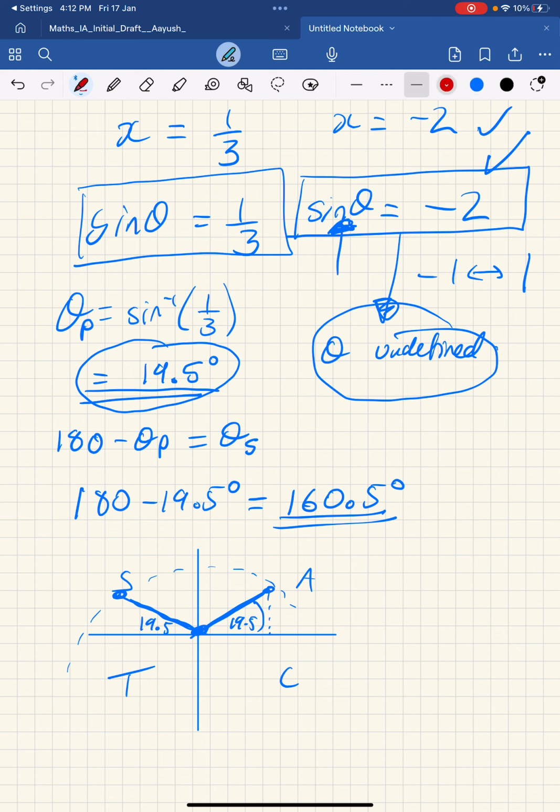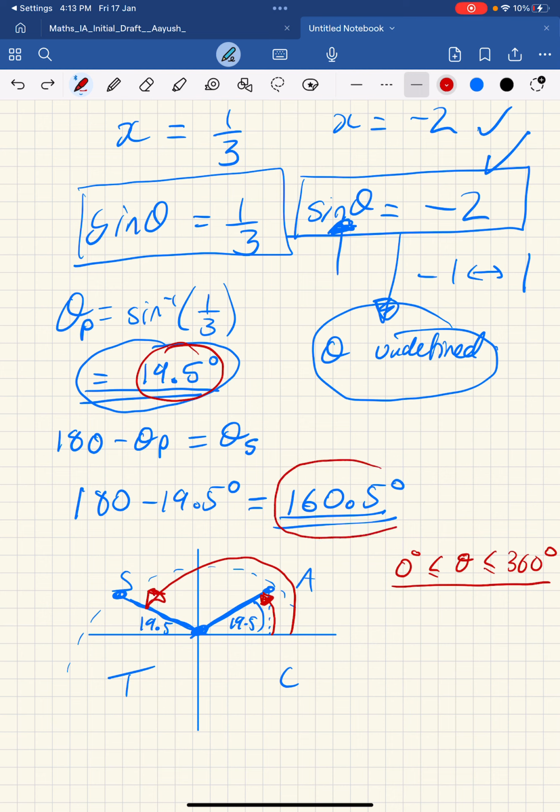We wanted between 0 degrees and 360 degrees, so we're positive angles, so we measure around to here and we get the 19.5, and we measure around to here and we get the 160.5 degrees, and that's it.